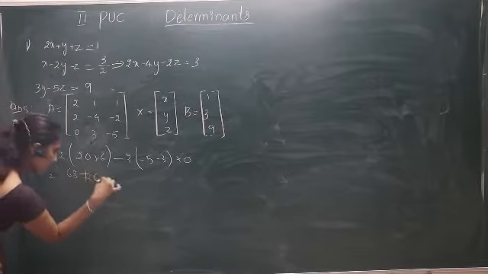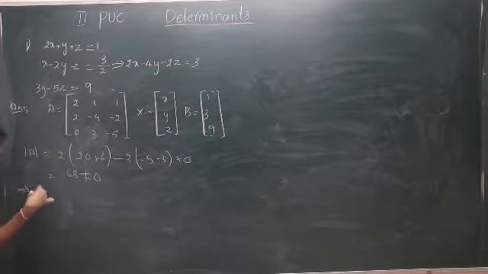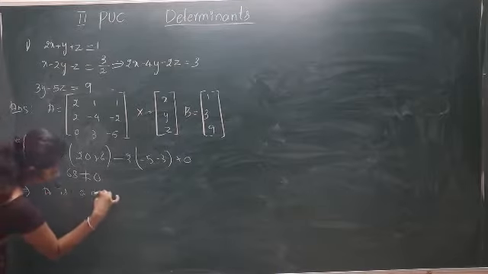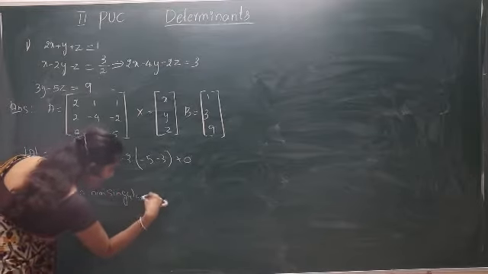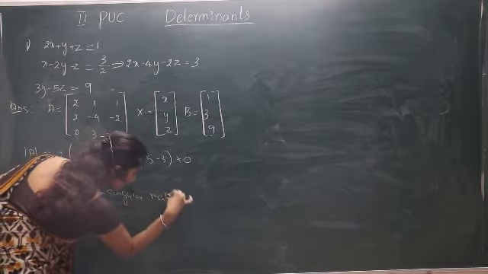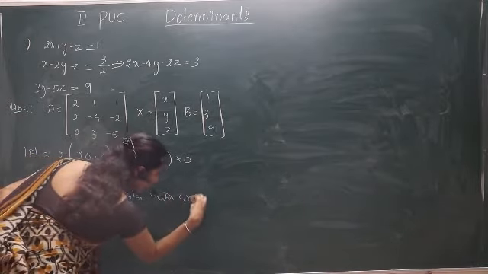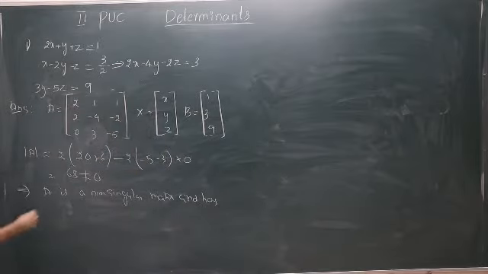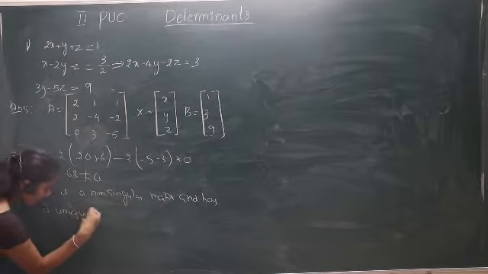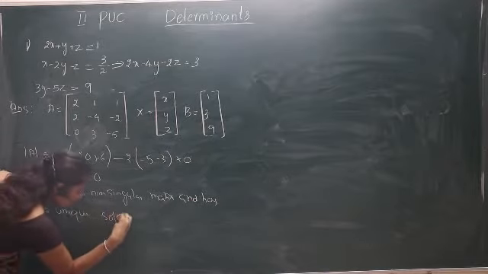So this is not equal to 0. This implies A is a non-singular matrix and has a unique solution.